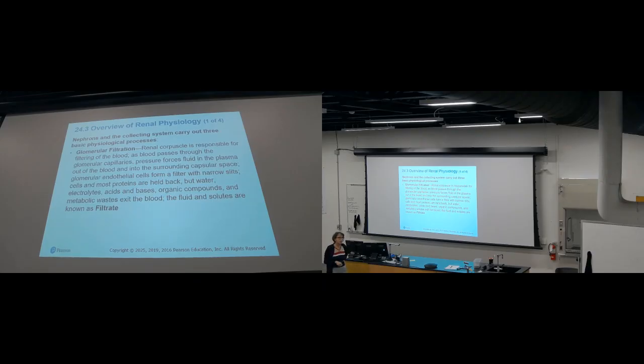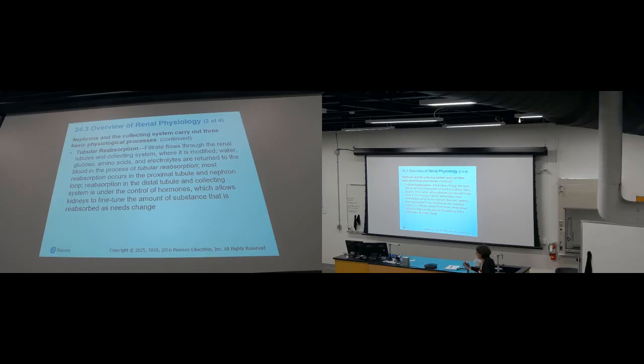The filtrate will have water, electrolytes, acids, bases, and organic compounds, like whatever you have in your blood, like glucose. You will have amino acids, and it has metabolic wastes. So all of that can be found in the filtrate.